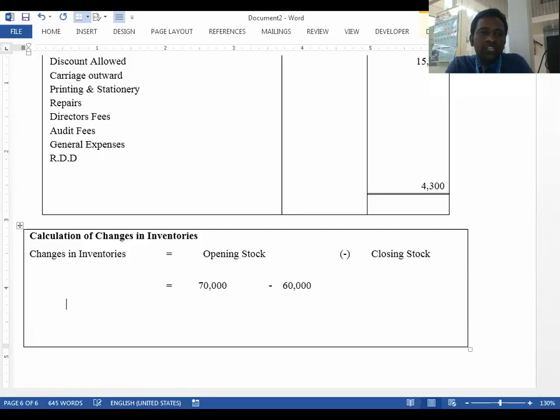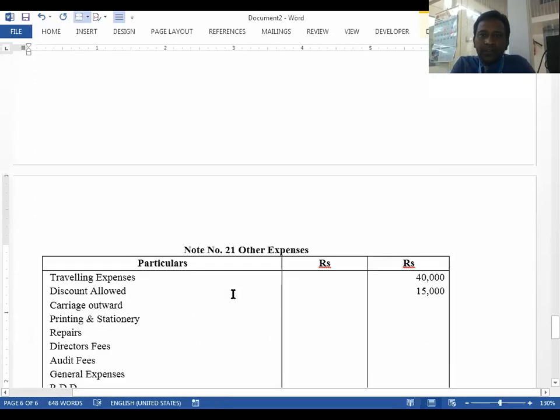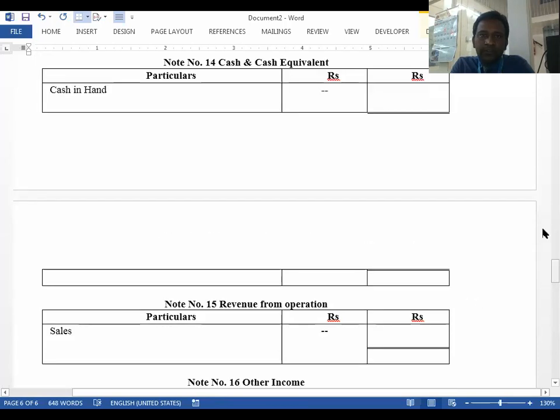So what is the amount of change in inventory? Rupees 10,000. 10,000 is the change in inventories. There is no separate notes regarding it, but we transfer it to profit and loss account. Format of profit and loss account.